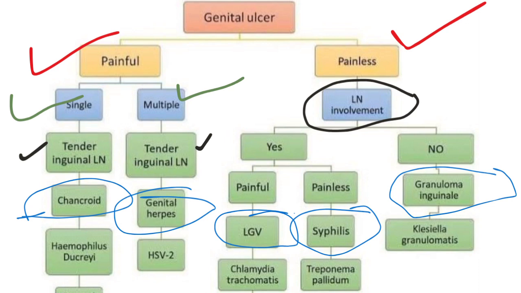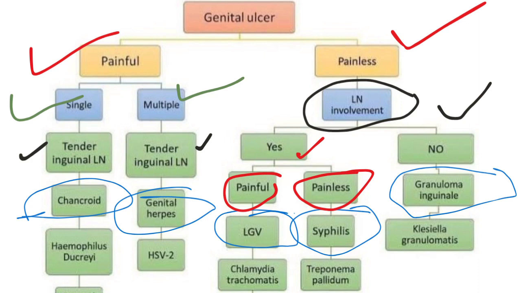If the inguinal lymph nodes are not involved and there is a painless genital ulcer, then the most probable diagnosis is granuloma inguinale. Granuloma inguinale results from Klebsiella granulomatis, which results in a painless genital ulcer without the involvement of the inguinal lymph node.